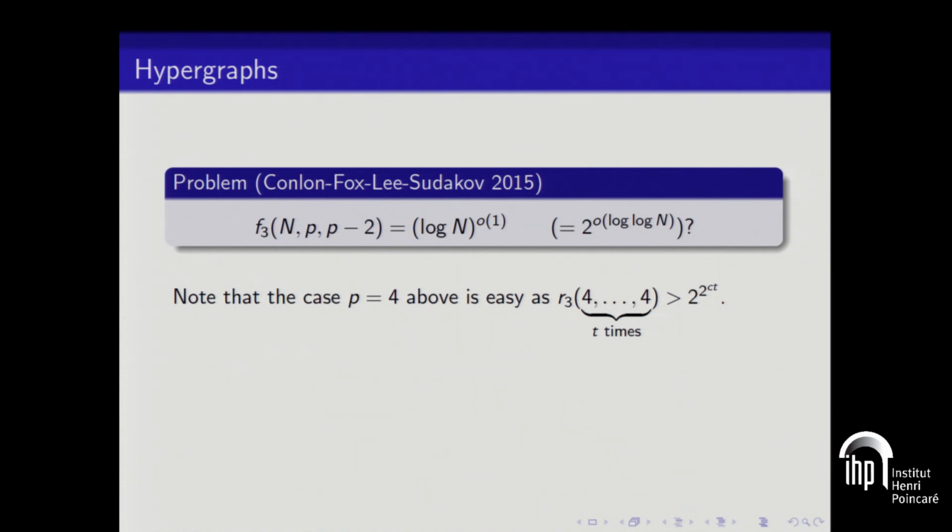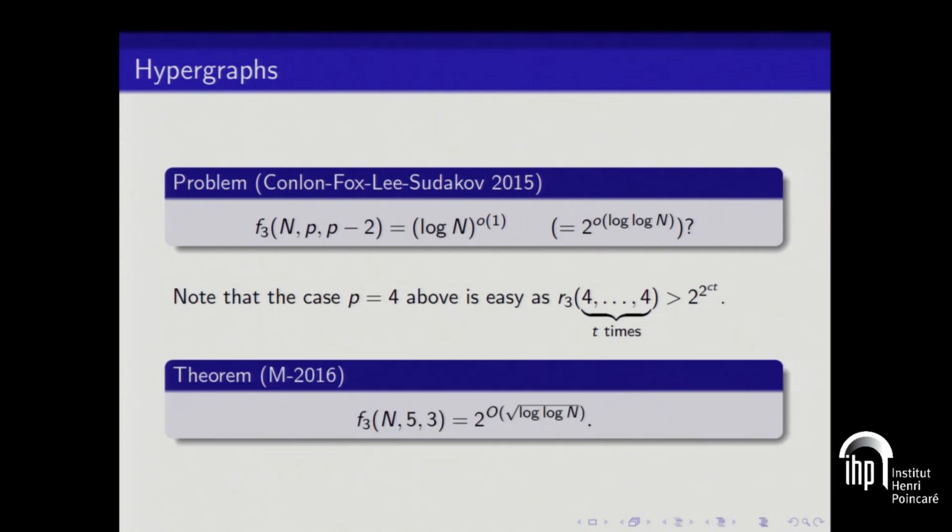And the first open case, again, just like it was in the graph case, is when p is 5. And a few years ago, I managed to do the first open case. And maybe it'll take another 15 years to get the thing done in general. But it seems that one needs new ideas. And then the case of higher uniformity seems quite complicated.